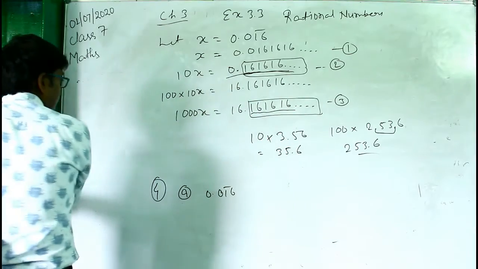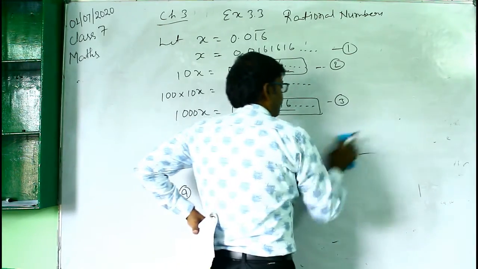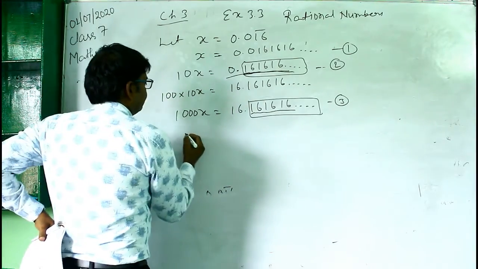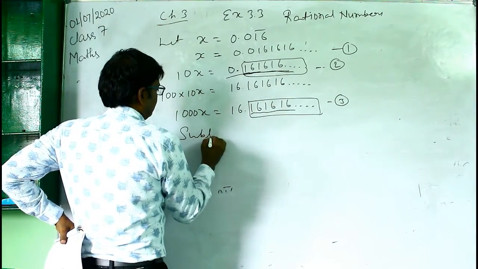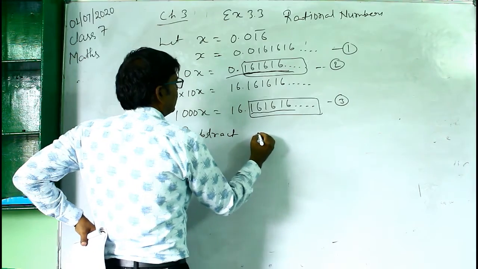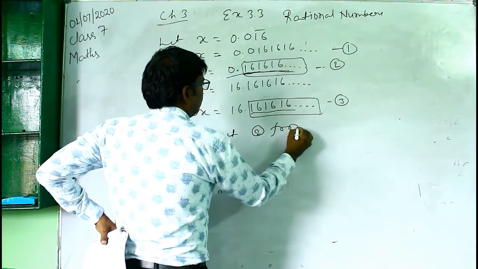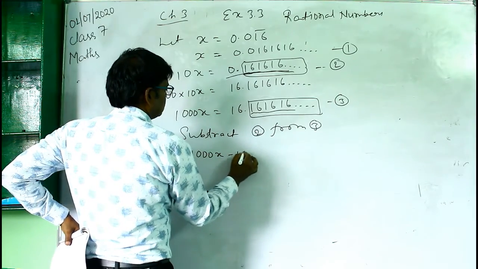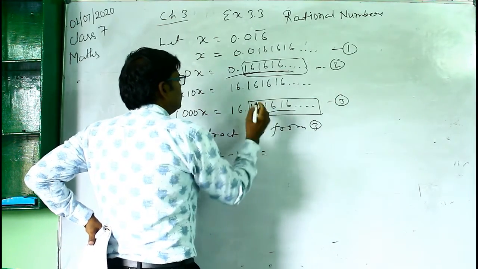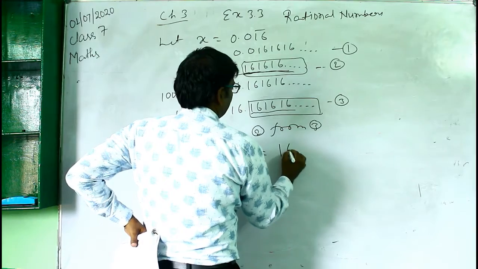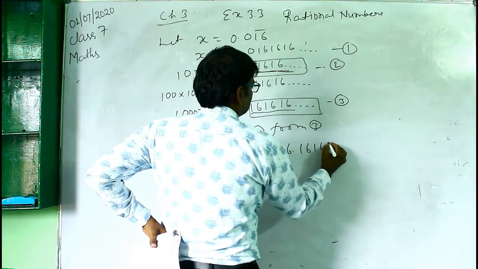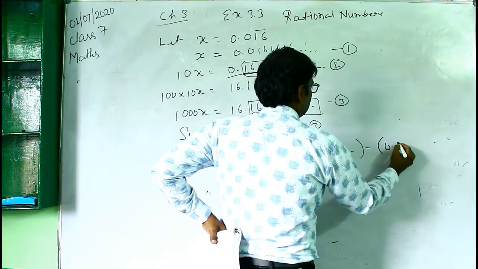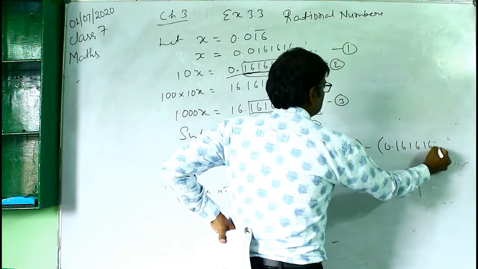Subtract 2 from 3. So here it will be 1000x minus 10x, and on this side you will have 16.1616 dot dot dot minus 0.161616 dot dot dot.